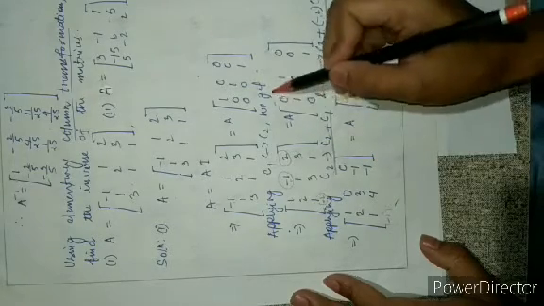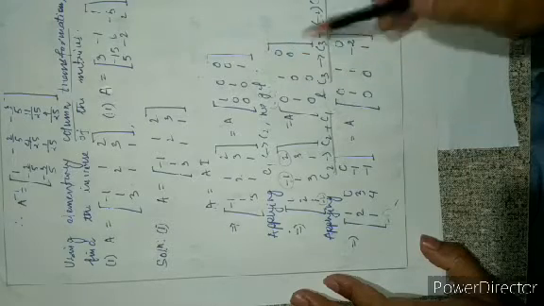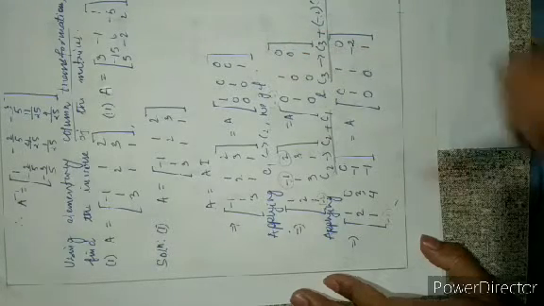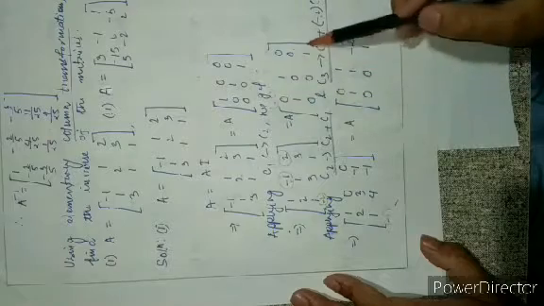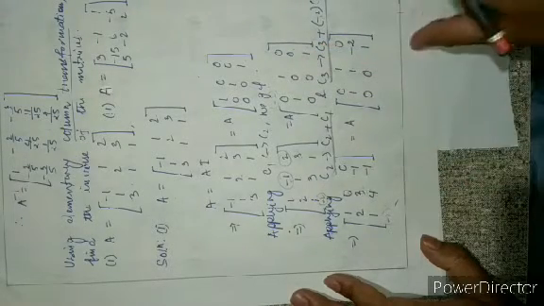Multiply by -2: 0 into -2 is 0, plus 1 is 1. That is the step.